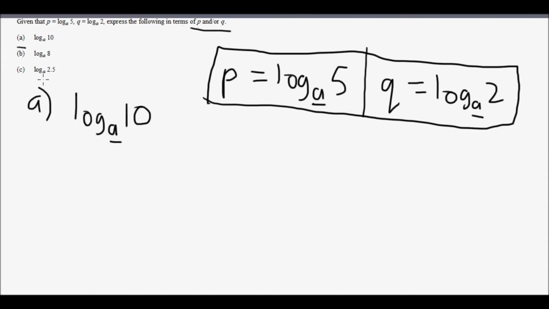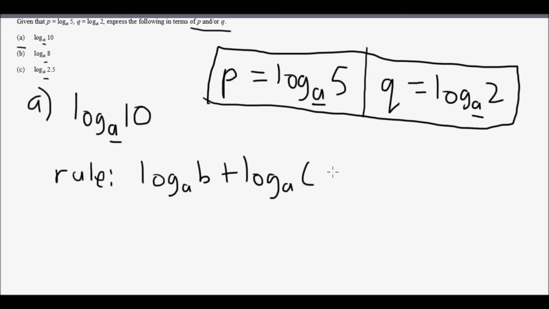And that's why all the questions have the same base, a. So, the log rule that we will use for this is the addition log rule. And this rule, as was mentioned in the previous question, is log_a B plus log_a C is going to equal log_a of B times C.